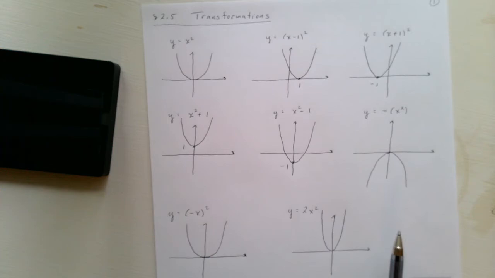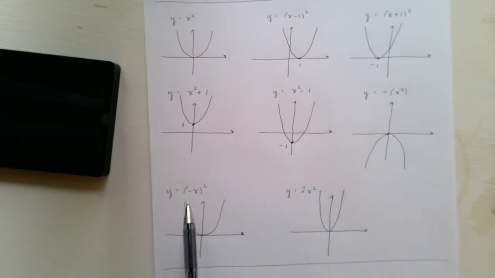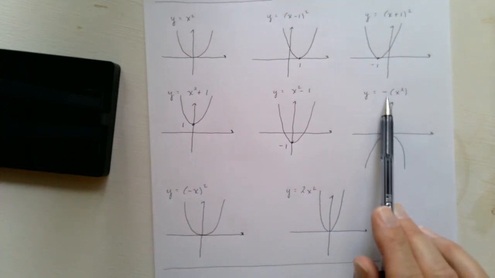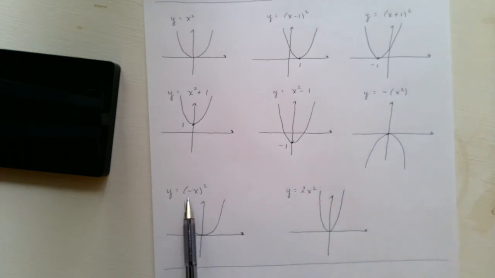And if we just change the sign of x, please keep in mind that this expression is different than this. In this case, we're not squaring the minus sign. In this case, we are, because we're basically replacing x with minus x. And we can see we get exactly the same graph, don't we? Because when we square, the minus sign goes away.